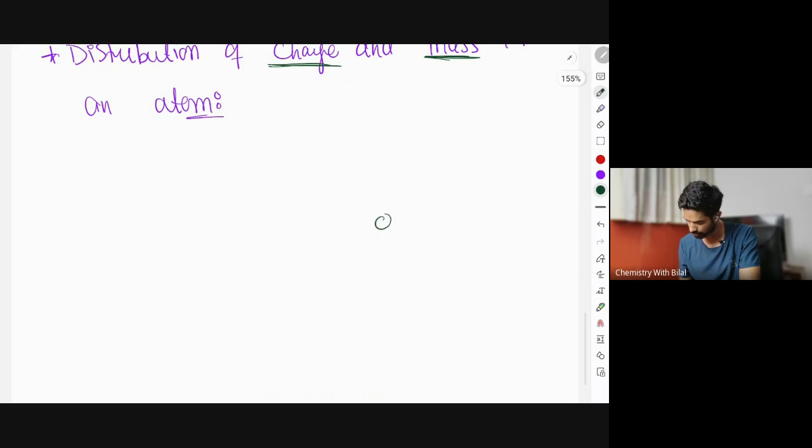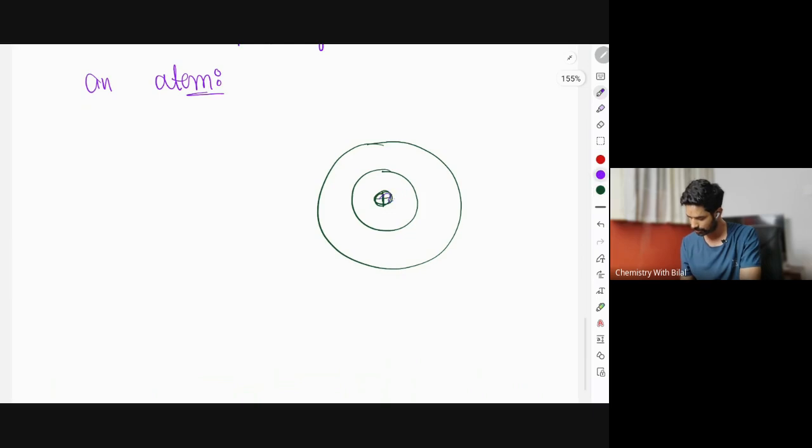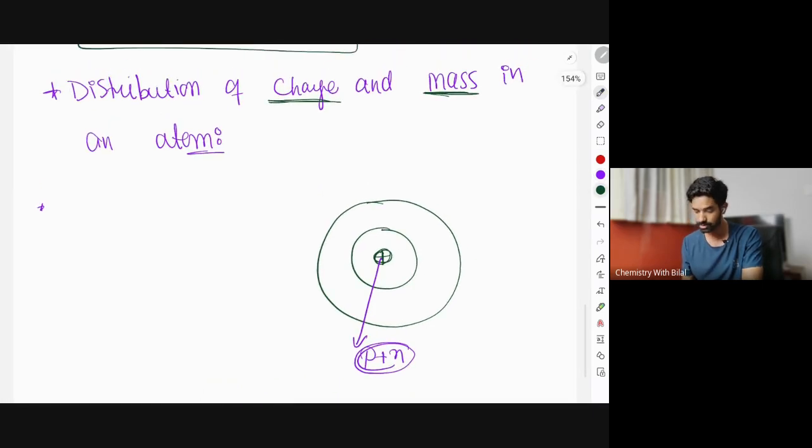Let me draw an atom. You all know that in the center there is positive charge and we have shells. And we've just learned that almost all of the mass of the atom lies inside the nucleus in the form of protons and neutrons, because electrons have an ignorable amount of mass.